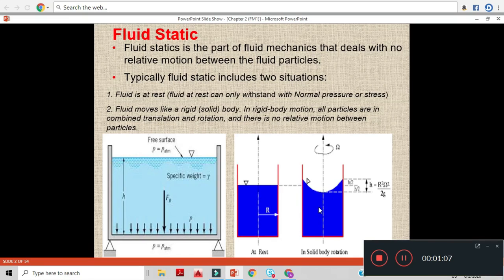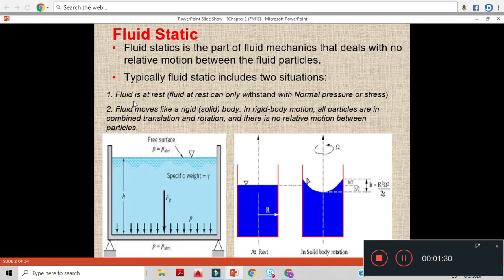There is a relative motion between the fluid and the surroundings. Since there is no relative motion between the fluid particles, that means there is no shear stress. If there is no shear stress, that means there is no deformation. So this is the second case that we will discuss in the later part.